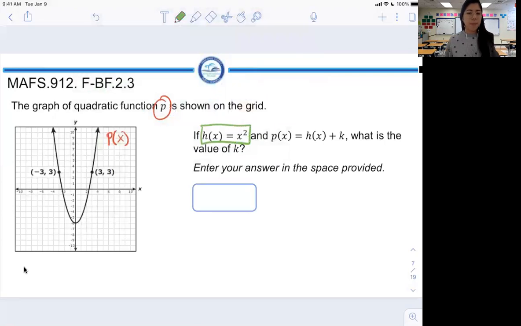This one has a name. Anybody? Starts with a P.